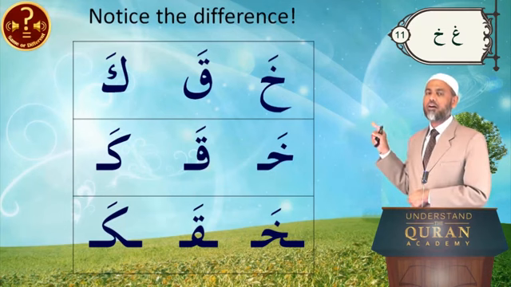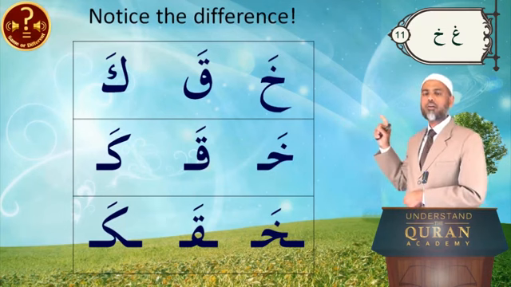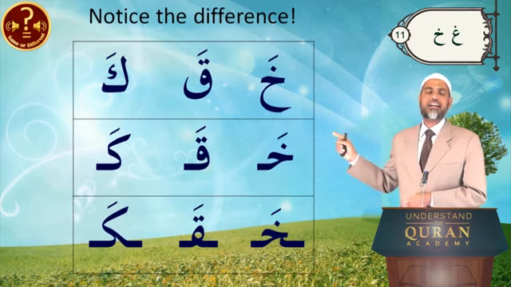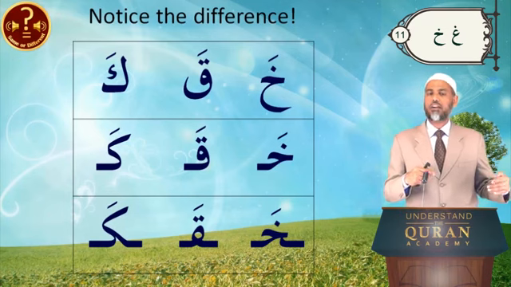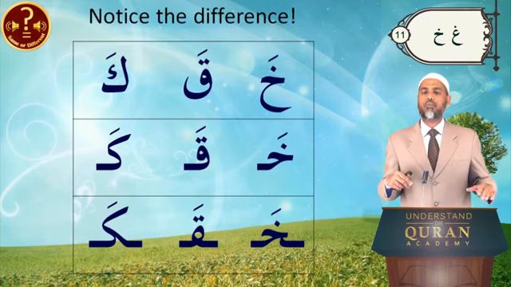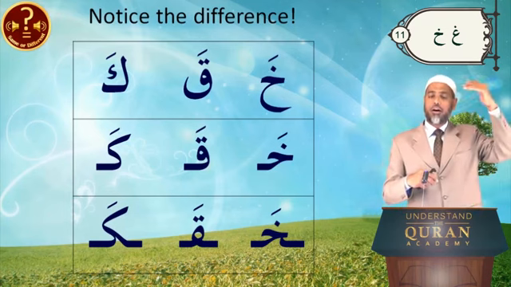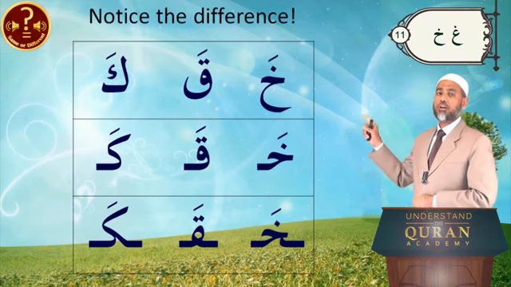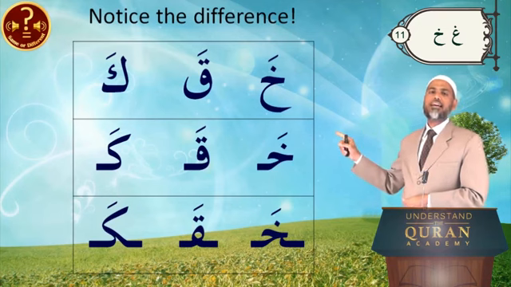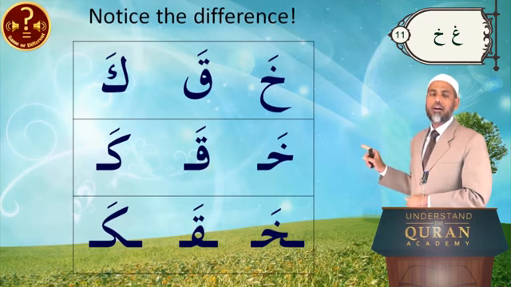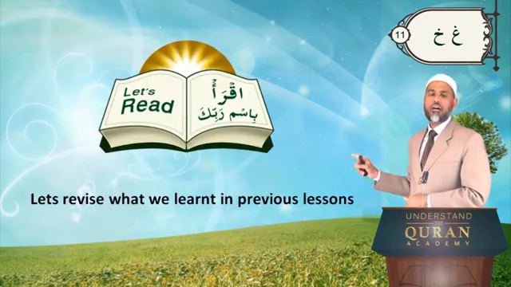Kha, Qa, Ka. Ka is not high sounding, it's normal sounding. Whereas Kha and Qa are both high sounding. The first two are high sounding, and the last one is Ka. Kha, Qa, Ka.